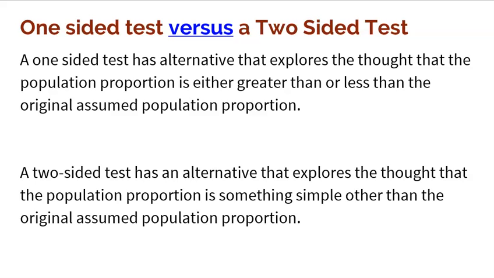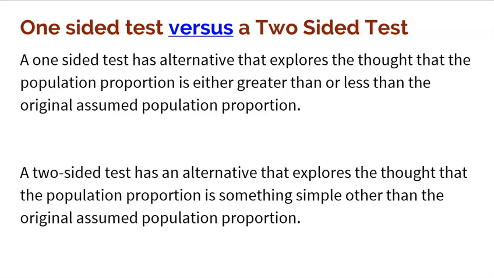Now, we do actually have two more things that I want you to understand. Pretty easy, this isn't too complicated. But we have what's called a one-sided test and a two-sided test. A one-sided test is when the alternative only looks greater than or less than. So you're only looking at one side. You're either looking for evidence on the high side or evidence on the low side. A two-sided test is just a more specific name for looking at an alternative that is simply something other than the true proportion, right?